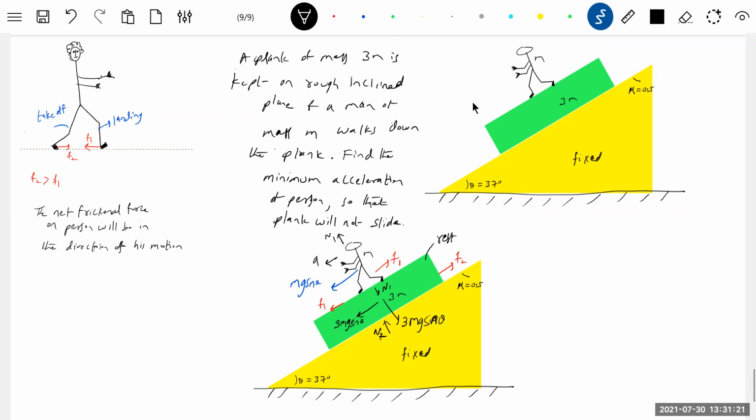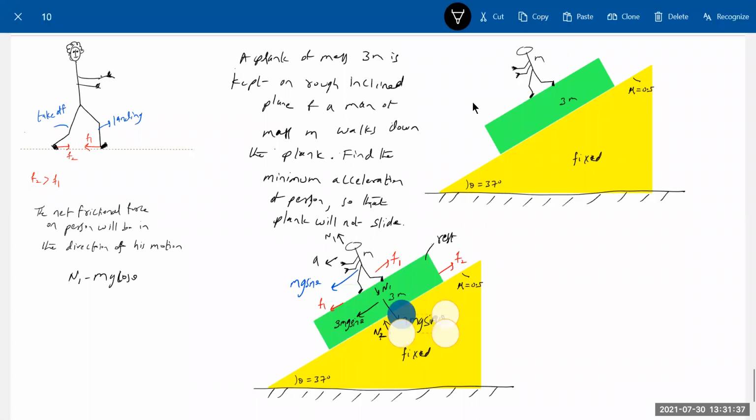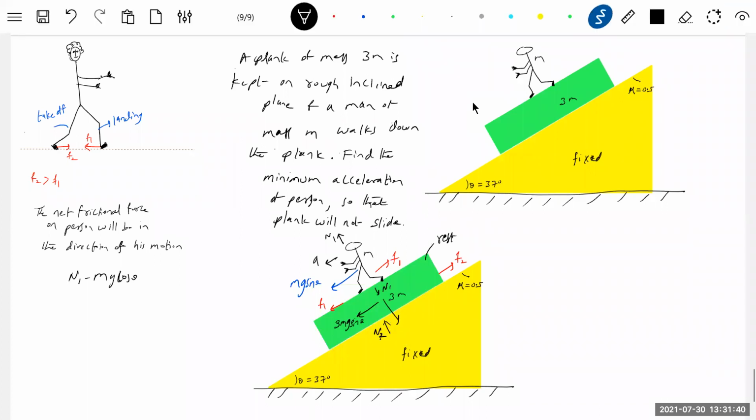Let me equate the forces perpendicular to the incline: N minus 3mg cos theta, no? Yes, sir, cos theta. I can remove it like this. mg cos theta, unable to show it.